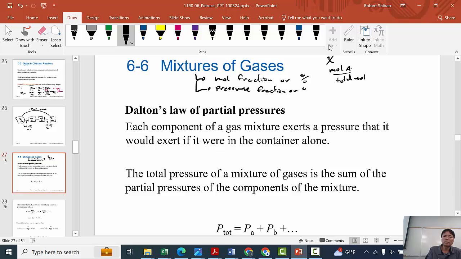Or percentage. This is called Dalton's mixture. And there's Dalton's law. And then we have volume fraction or percentage.